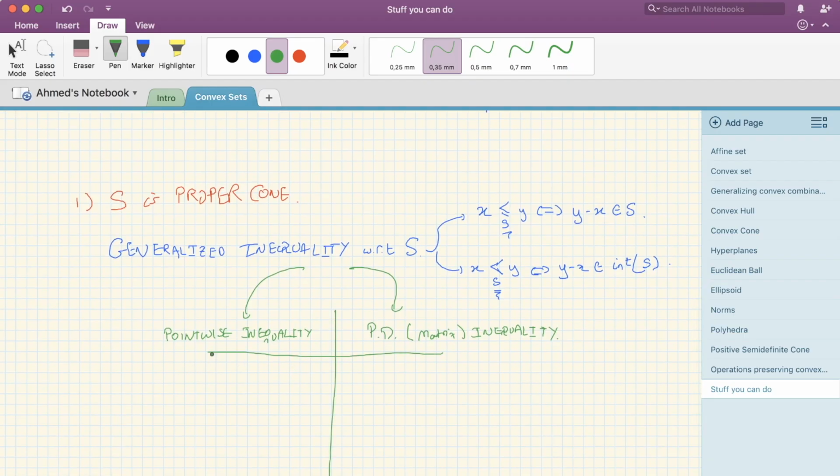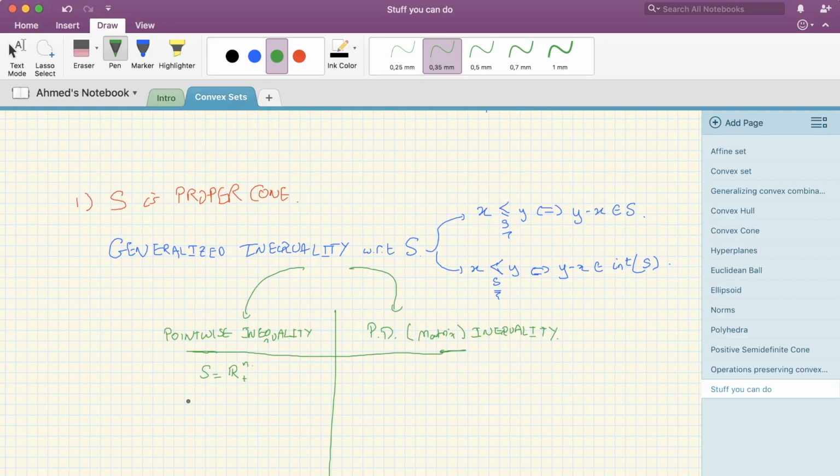In each case, you have a different S, which is natural. So here, your S, which has to be a proper cone, or else we're not allowed to talk about generalized inequalities, has to be R plus N. And what does that mean? It means the n-dimensional space of positive, real entries.